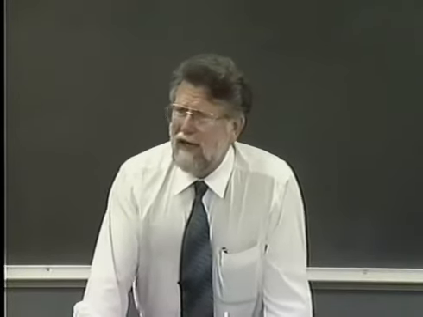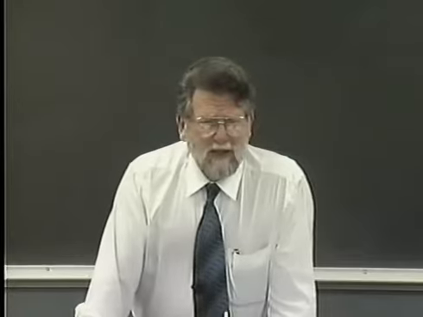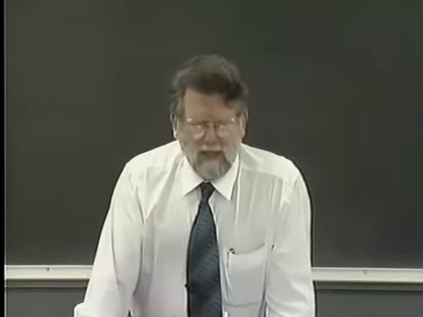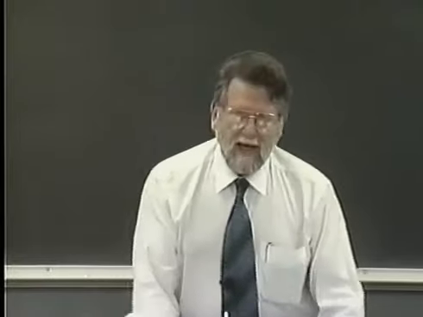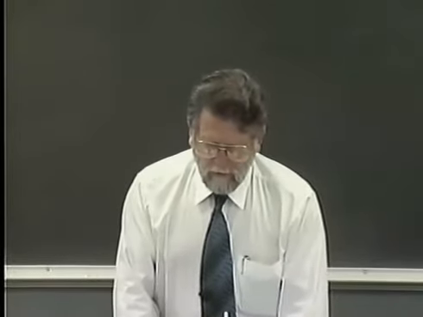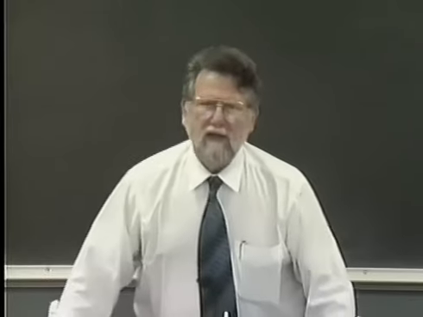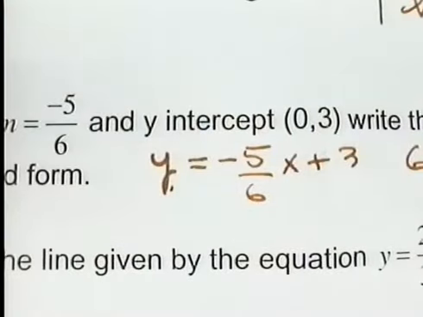What form does the equation have to have? Ax plus By equals C would be standard form. So the first thing we would do is go to slope-intercept and make that our first step. But then you want it in standard form.